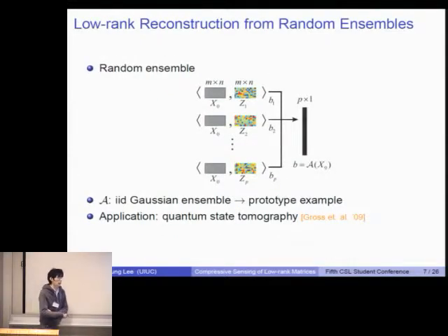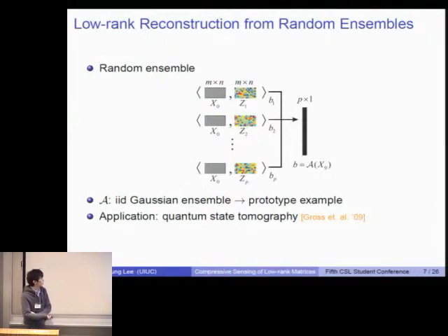But I mentioned that we are not considering compressive sampling. We are considering compressive sensing. So there should be some applications where the linear operator is different from sampling. There is such an example: the linear operator consists of a random ensemble.